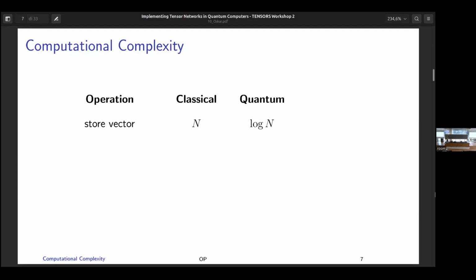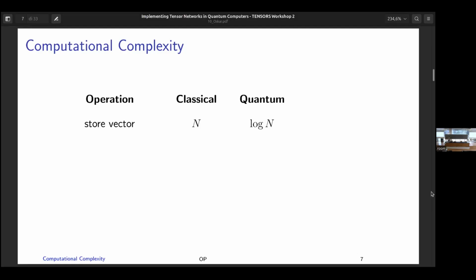If I have a vector which has n elements, on a classical computer I need at least n elements in my RAM to store it. But on a quantum device, I can use only a logarithmic number of qubits to store this vector. This is, for example, done using amplitude encoding of the vector.